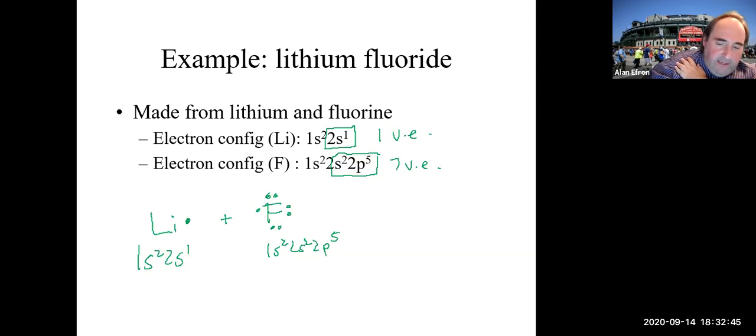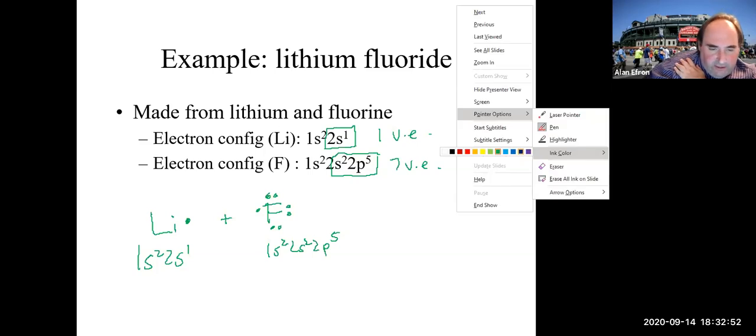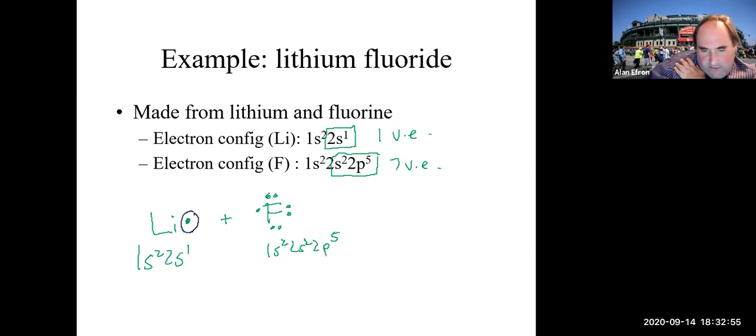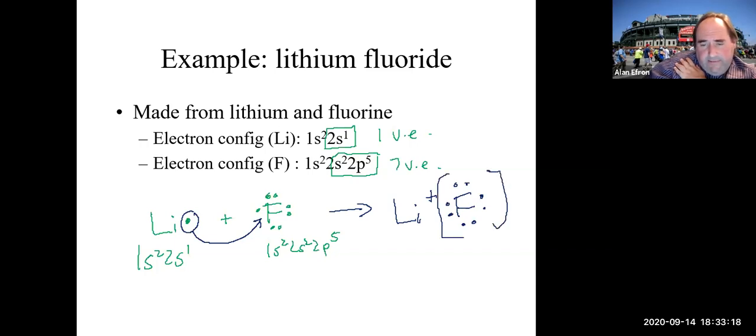And what's going to happen here, because this is a metal and a nonmetal, when they do get together, we are going to get that transfer of electrons from our lithium to our fluorine. And it's at that point when the lithium gives up its electron to fluorine, that is when the lithium becomes positively charged. The fluorine then picks up that electron. And when it picks up that electron, that is when the fluorine becomes negatively charged, like so.